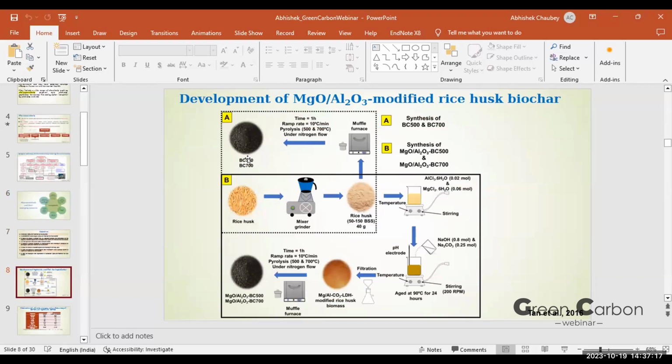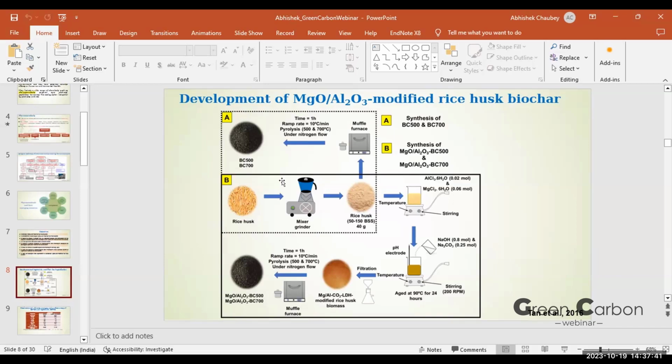The removal percentage was not very good on these plain or simple unmodified biochars. So we had to go for the modification part, and the modification part is given in the solid line bracket, and the dotted line represents the synthesis of simple biochar. We chose two temperatures to see whether the pyrolysis temperature affects the removal efficiency.